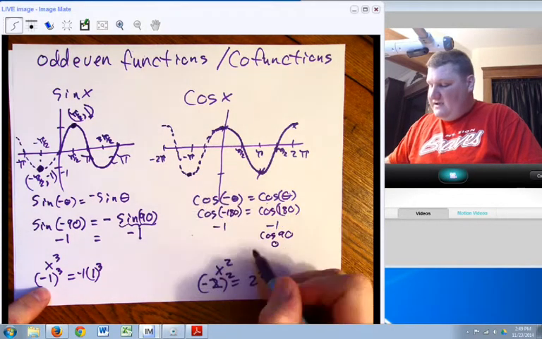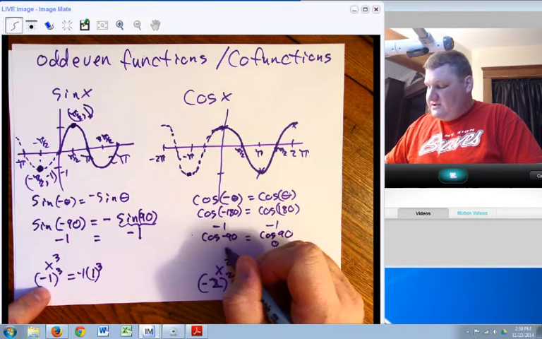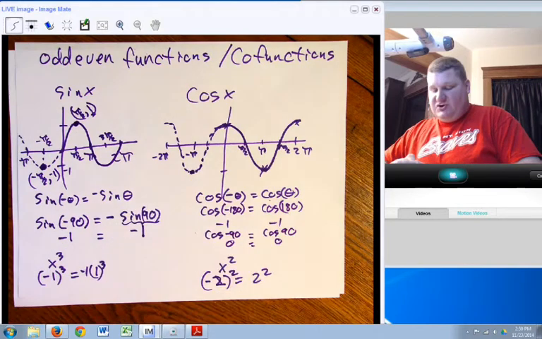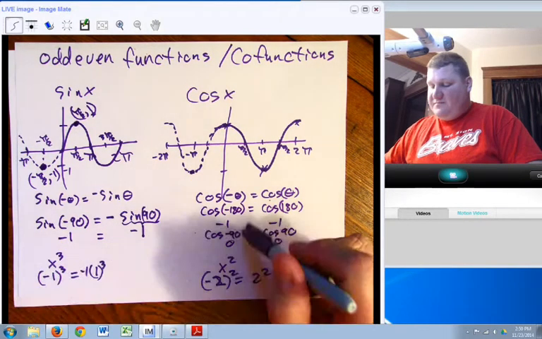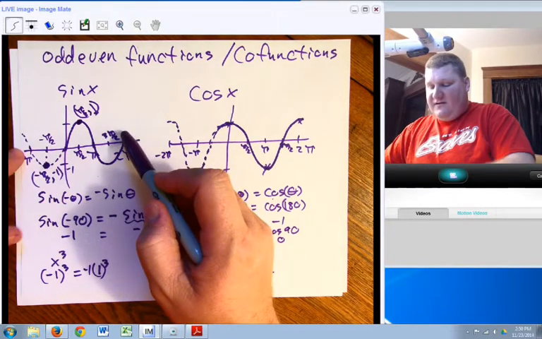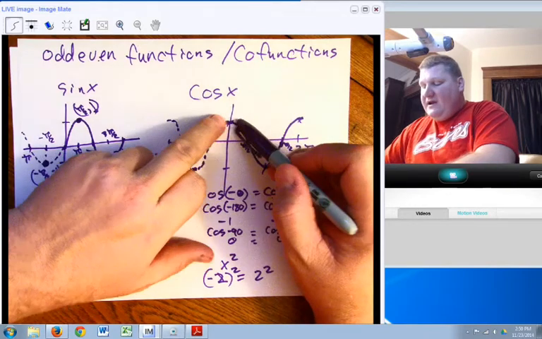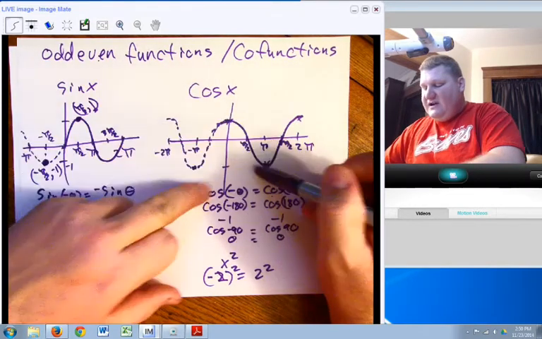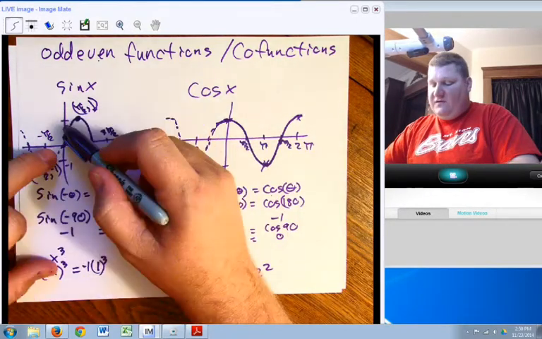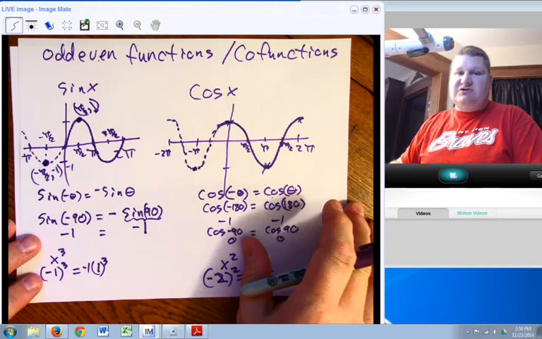If I say cosine negative 90, that's also 0. So, because it's an even function, the negative is going to disappear. With an odd function, going up and down, when it goes back, it goes negative first, then positive. It's backwards. Here, an even function is nice and pretty and even, so whatever it is here, it is here. Whatever it is here, it is here, as opposed to upside down from one another. Okay? So, even functions and odd functions.